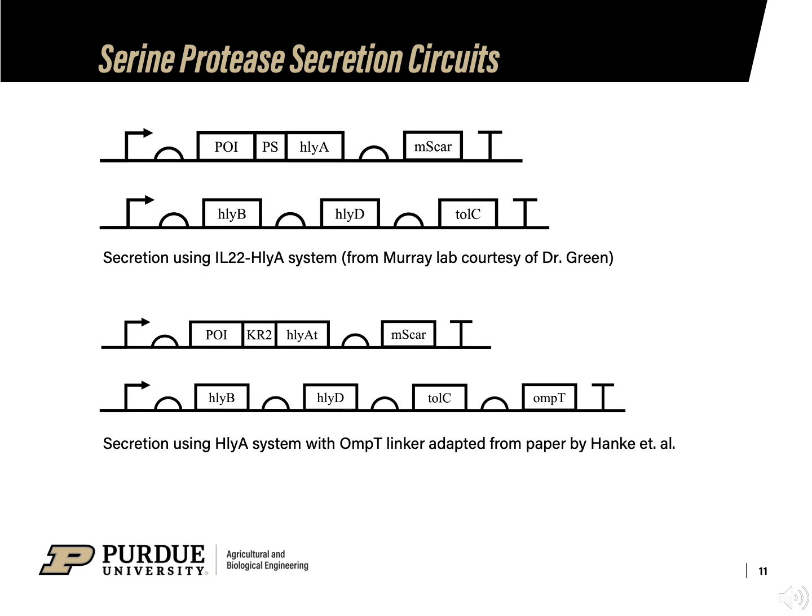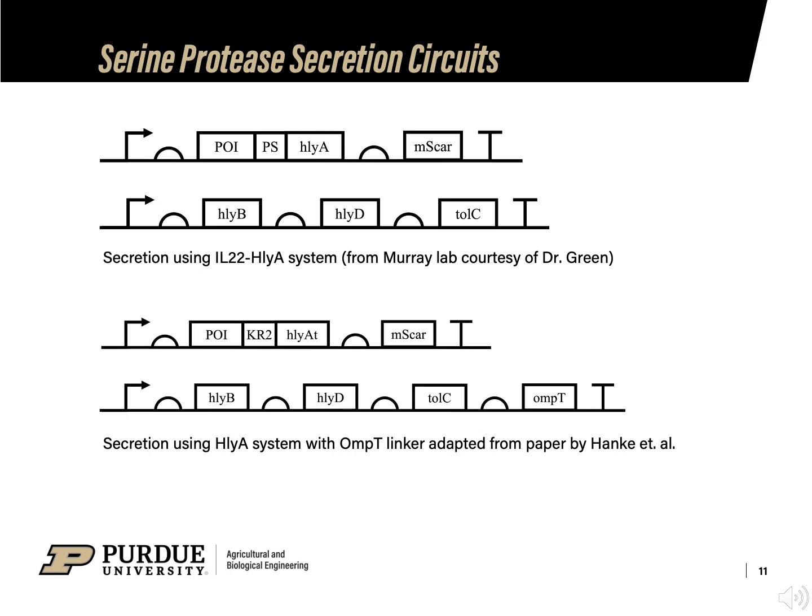And the second circuit shows HlyB, HlyD, and TolC, which are essentially helper proteins that are needed for the HlyA secretion system to get the protein of interest outside of the E. coli cell. HlyA mediated secretion is a system natively found in E. coli and has been used before for genetically engineered proteins and their secretion.